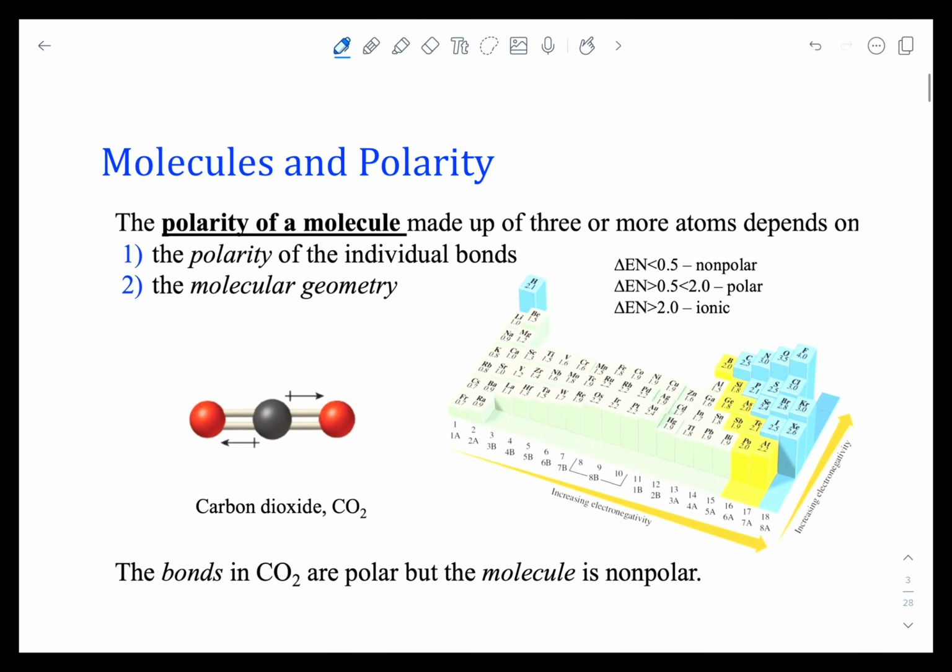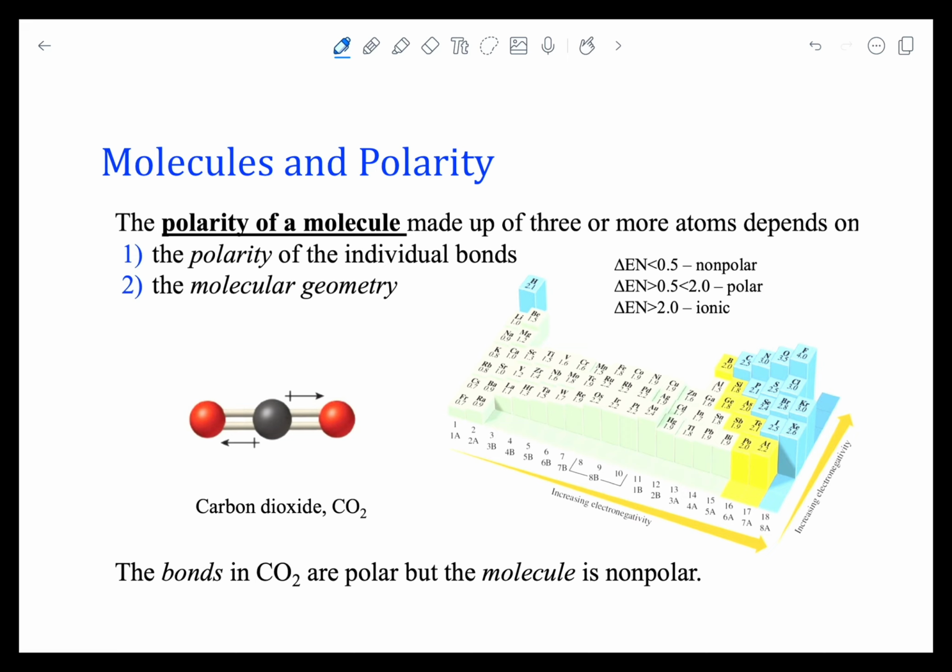So, the polarity of a molecule, meaning something that is made up of 3 or more atoms, is going to depend on 2 things. First is the polarity of the individual bonds, which is something we've already done in the past. And then it also depends on the molecular geometry itself. How are those bonds arranged, and how does the polarity of those bonds affect the polarity of the molecule overall?